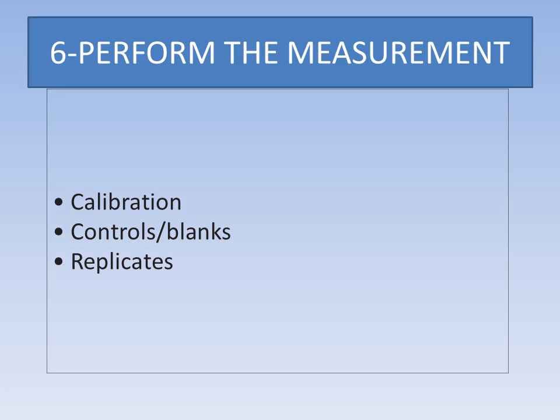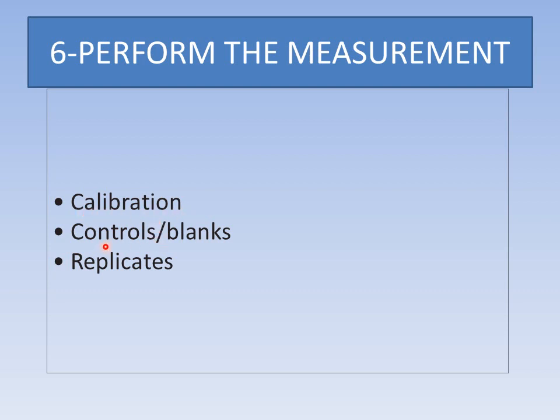Then step number 6 is to perform the measurement. It requires different steps. If we are using some instruments, definitely we need to calibrate our instrument to check whether it is working properly or not.